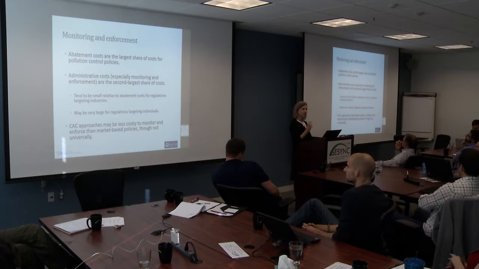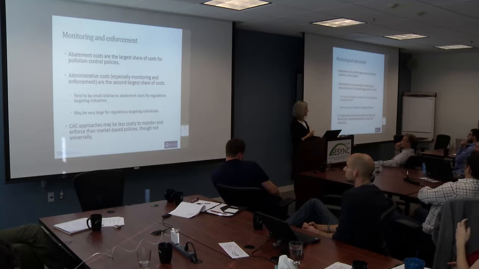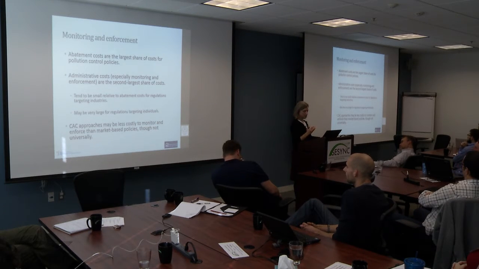To give you a sense of scale, with the SO2 trading program that we'll talk about in a minute, which ran from 1990 to 2008, if a firm adopted a scrubber to comply, it would have cost on the order of tens to maybe hundreds of millions of dollars to purchase and install, and probably several million dollars per year to operate.